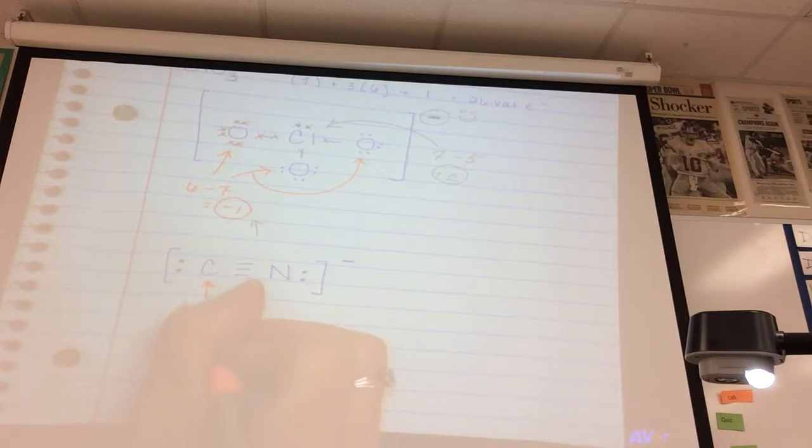That's correct: 4 minus 5 is -1. Nitrogen, 0. 5 minus 5 is 0. Now this one's a little unusual because carbon is not more electronegative than nitrogen. As you go across the period, the electronegativity increases. But nonetheless, this is the best structure.